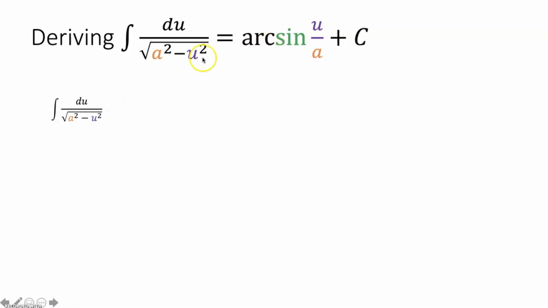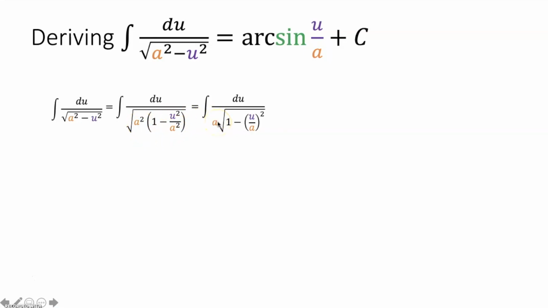To show you how we get this formula, I'm going to factor out an a squared from each of the terms in the radicand here. The reason I do that is because if I have the square root of something times something else, I can break it into 2 separate radicals where it's the square root of a squared times the square root of 1 minus u squared over a squared. And the square root of a squared just becomes a. Now, how does that help us?